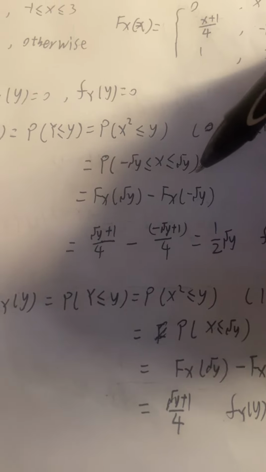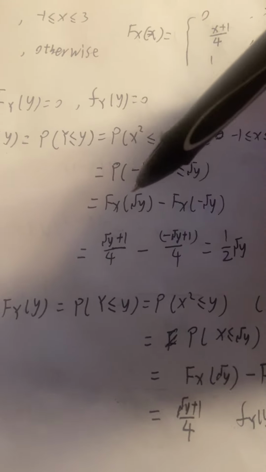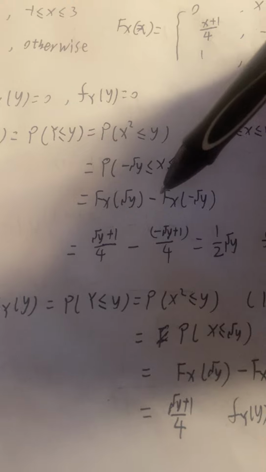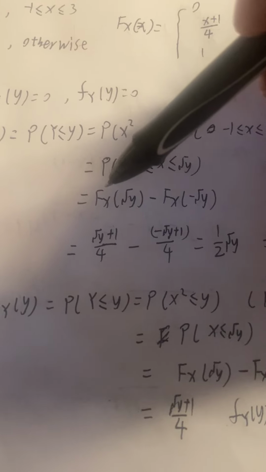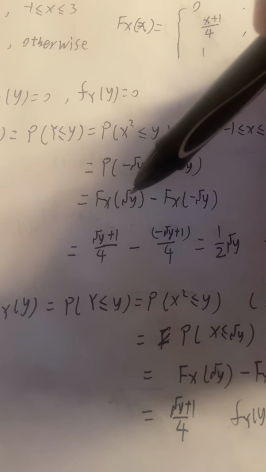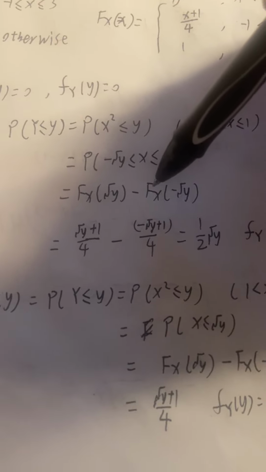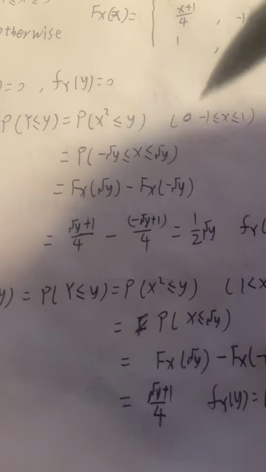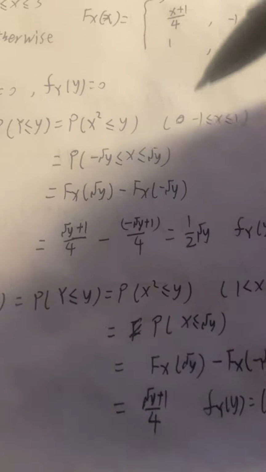This we can rewrite in terms of the distribution function of X. It will be capital F_X of the square root of y minus capital F_X of the negative square root of y.